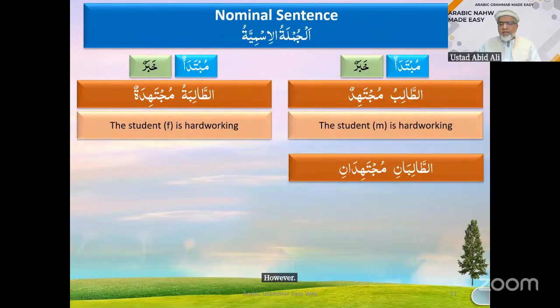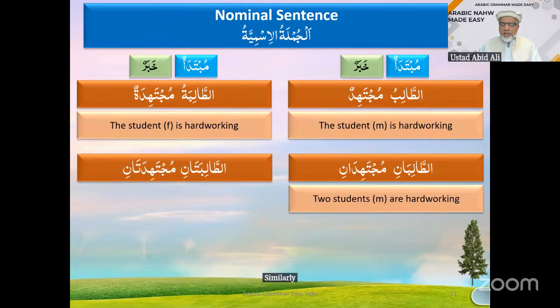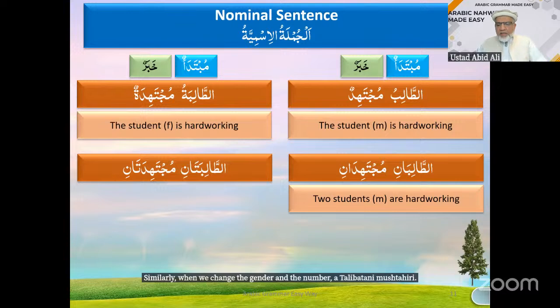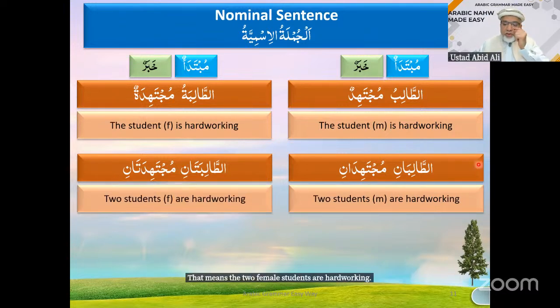Similarly, when I change the number, talibani is two male students, then the khabar also changes the number, mujtahidani. Similarly, when we change the gender and the number, at-talibatani mujtahidatani. That means the two female students are hardworking. Do you see al in all of them?